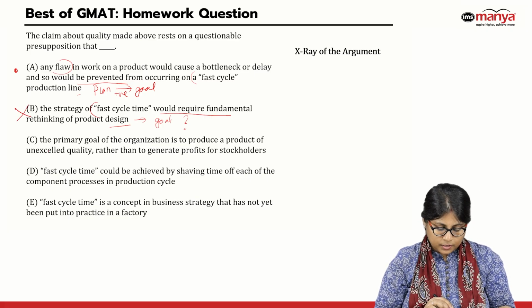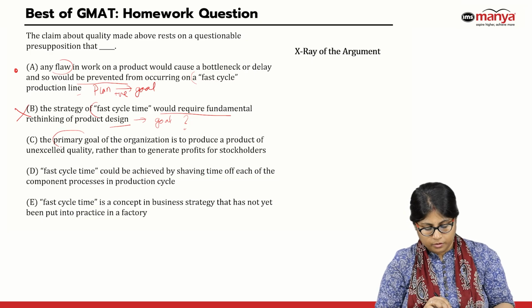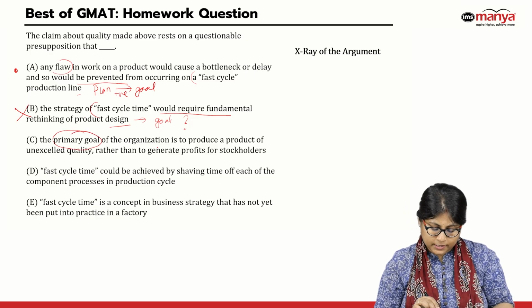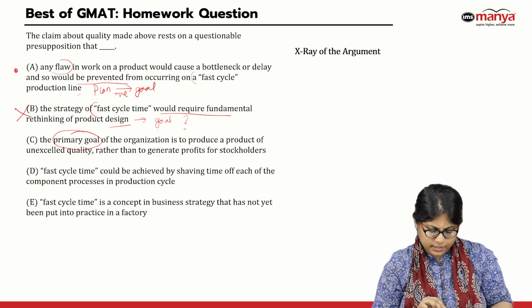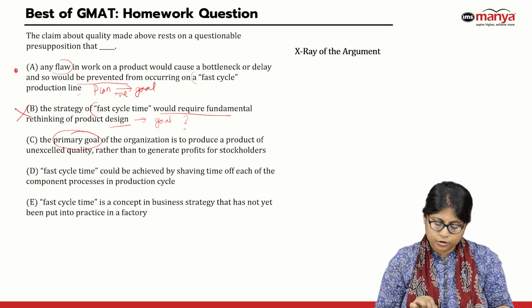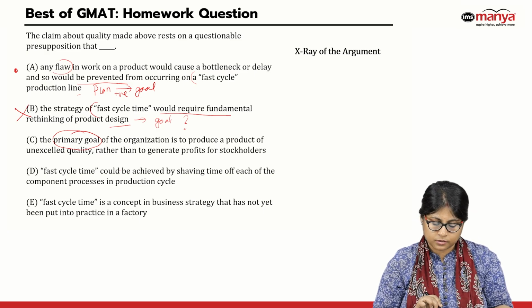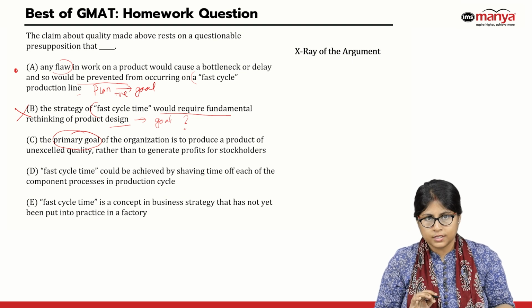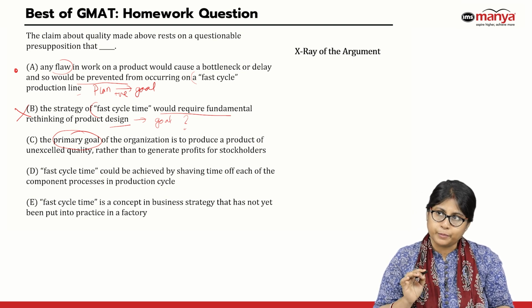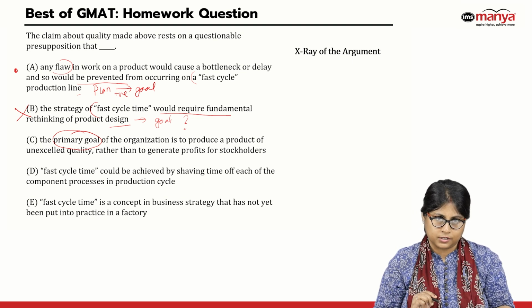C says, the primary goal, okay, of the organization is to produce a product of unexcelled quality rather than to generate profits for stockholders. Wait. Option C says what the primary goal of this organization is.